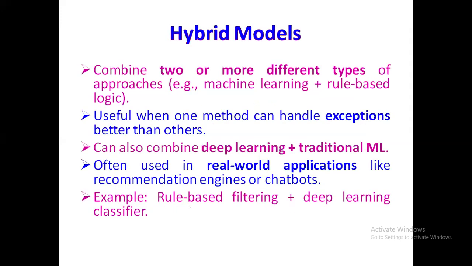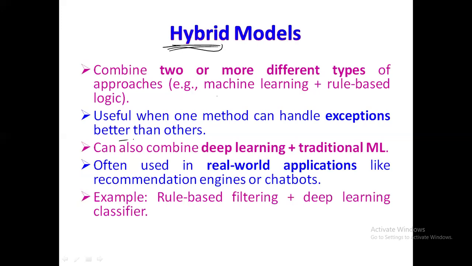Next, hybrid model. The name itself suggests an integration of many models. It refers to combining different types of approaches, such as machine learning algorithms with rule-based systems. This strategy is particularly useful when one method is better at handling edge cases or exceptions than another.